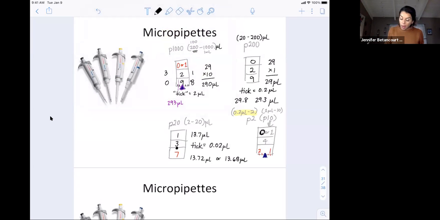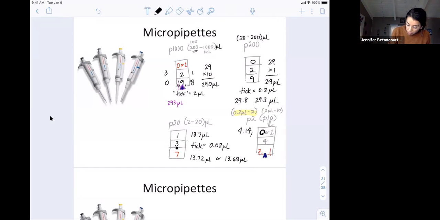Okay. So I know that this pipette is actually set to 4.1, and then I count the tick marks. It's on the second tick mark, so I know it's 4.14.